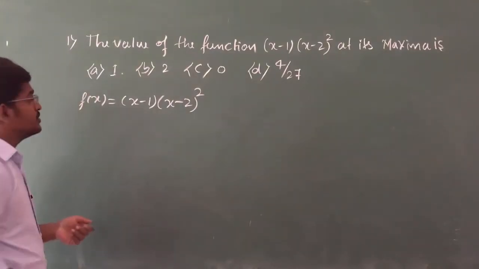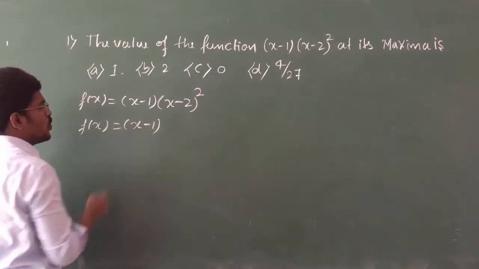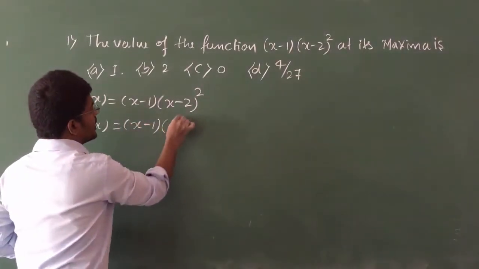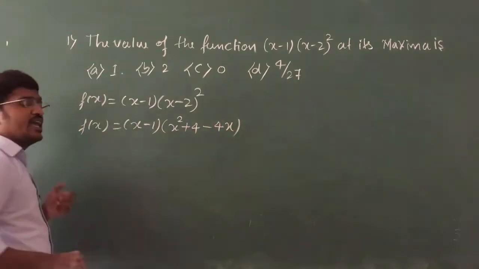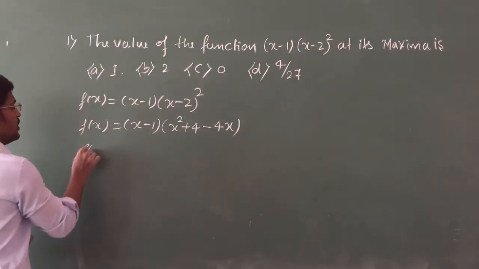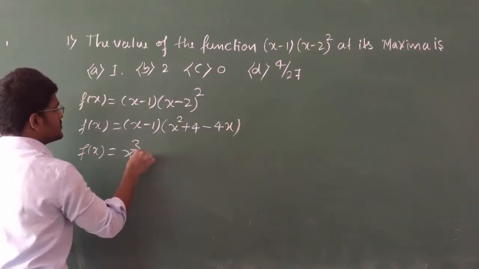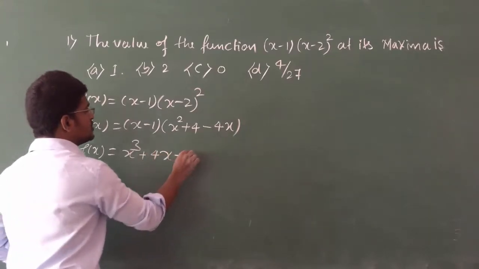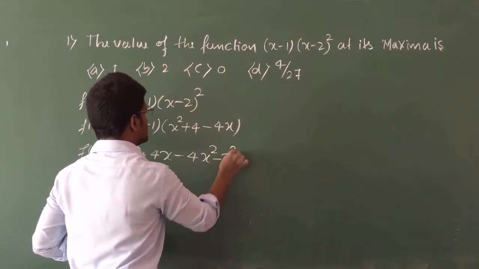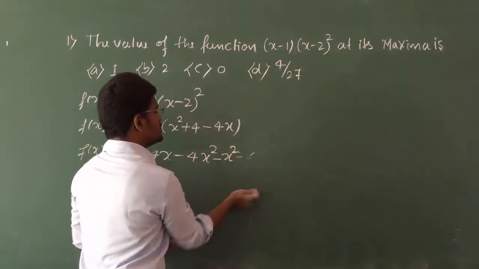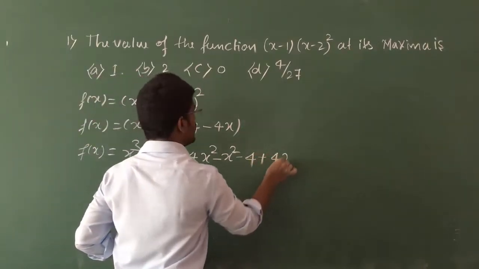Let us simplify this because it is not direct. F of x equal to x minus 1 into x square plus 4 minus 4x. Again let us simplify it. It will be f of x equal to x into x square, x cube plus 4x minus 4x square, minus x square minus 4 and plus 4x.